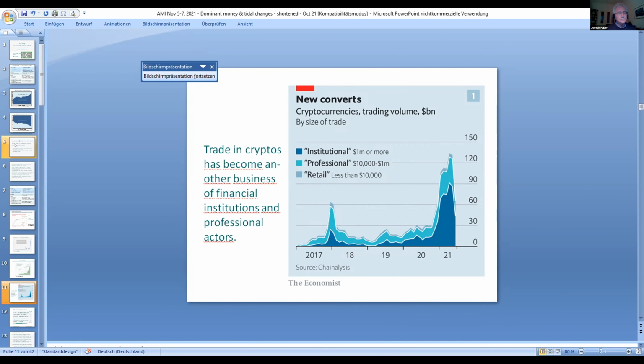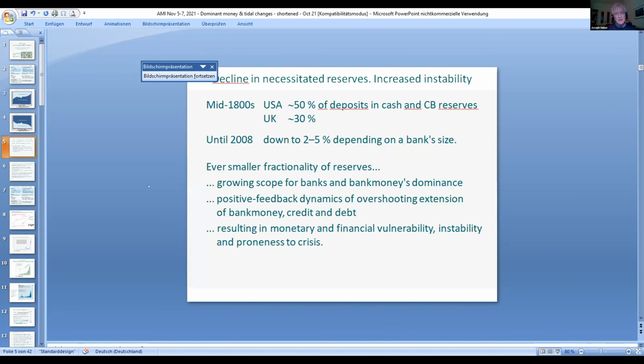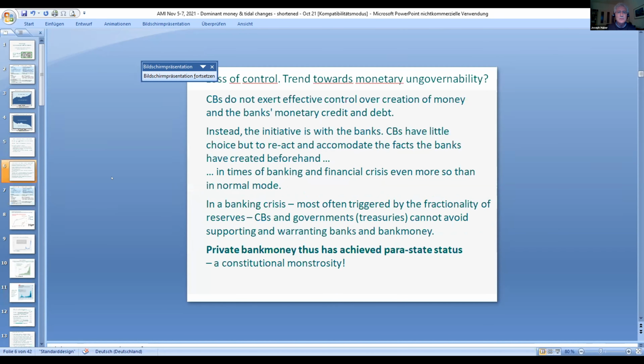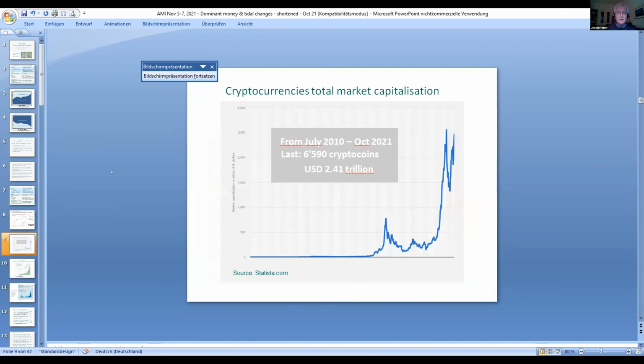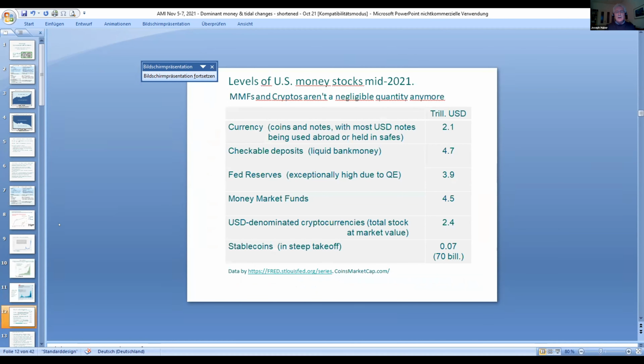So this is a development. Where are we? Here. If you consider the existing quantities in the United States of currency and checkable deposits on top, together it's $6.8 trillion, and more down when you see the trillions of money market funds and US dollar denominated cryptocurrencies, it's as much, it's even a little bit more.